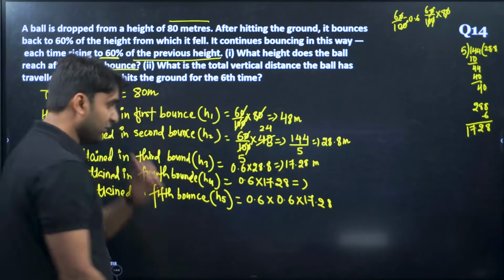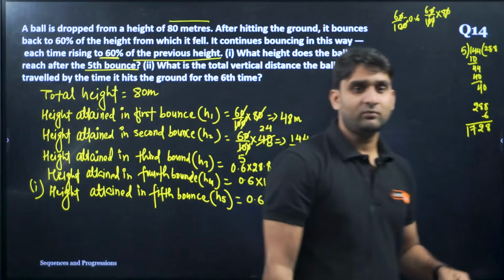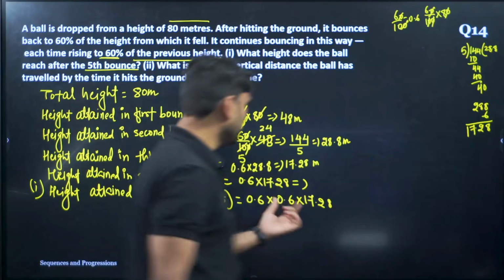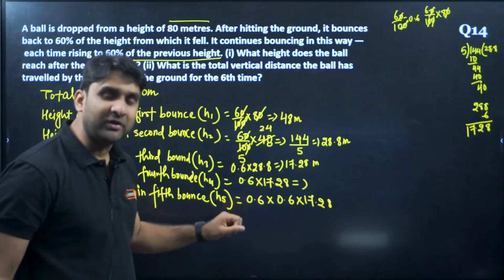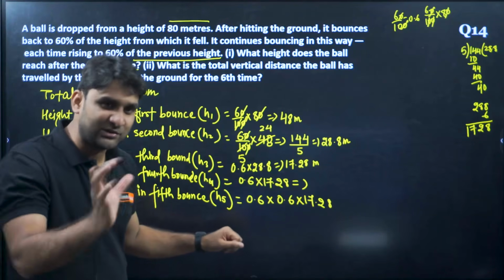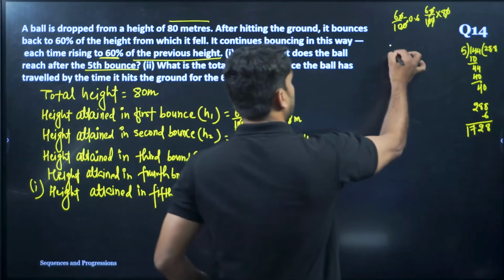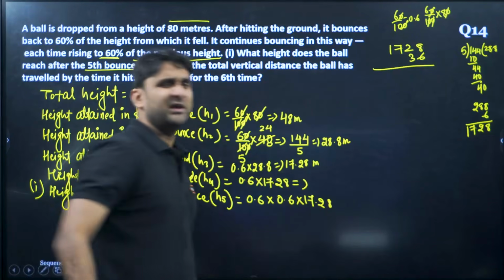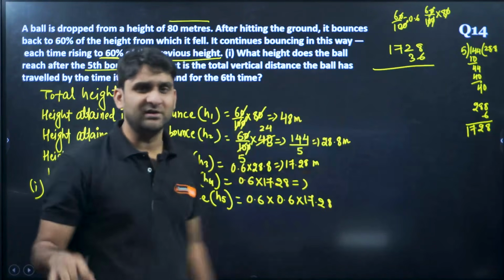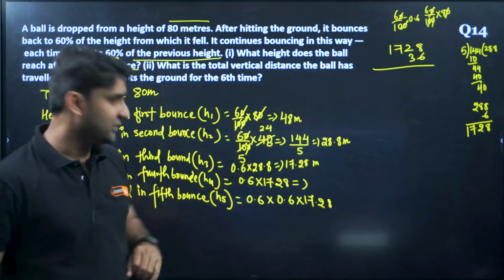Let's multiply. What will be the result, guys? So let's do the calculation. 0.6 into 0.6 will be 0.36. 6 6 are 36. So 1728 into 36. We can put the decimal in the final result. Let's multiply, forgetting the decimal for a little while.